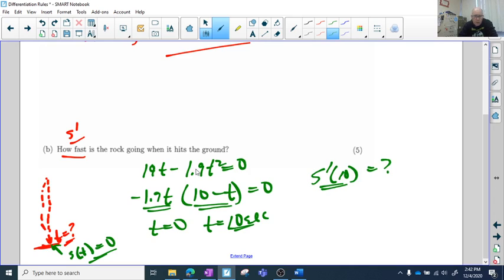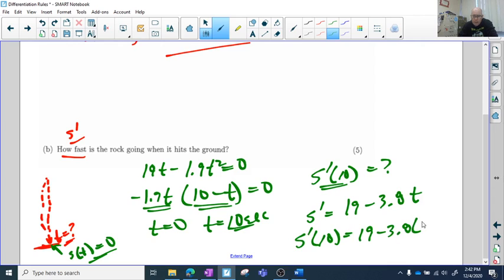Well, I can't do that until I know what s prime is. Well, s prime is the derivative of this. So s prime is 19 minus 3.8 t. So s prime at 10 would be 19 minus 3.8 times 10.